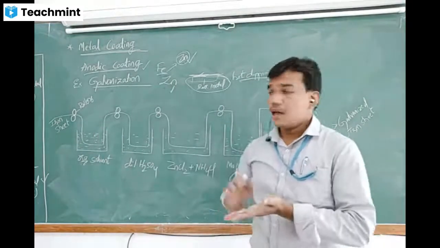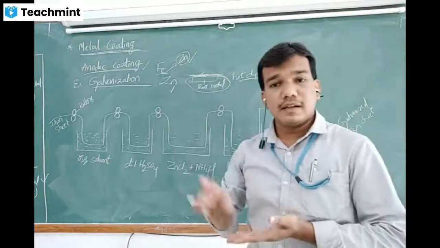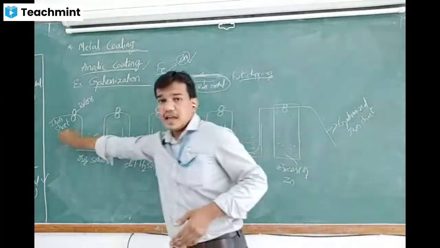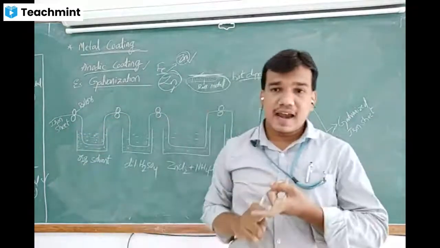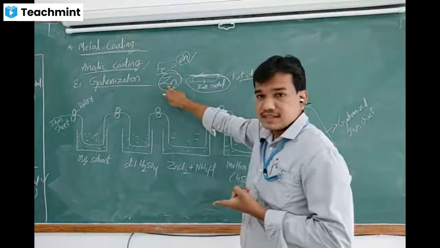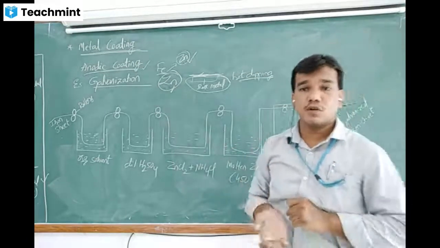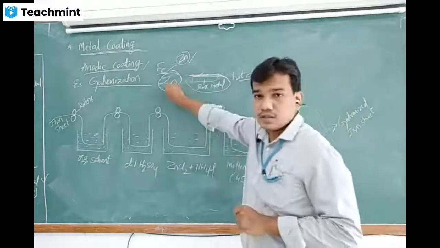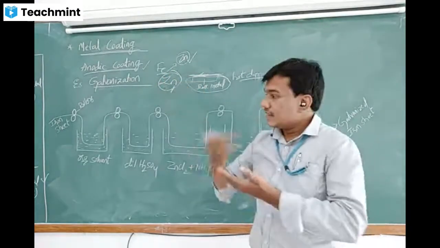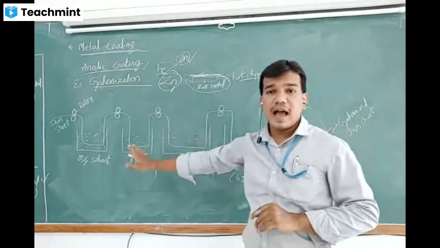I want to coat the iron sheet with a different metal so that zinc metal will undergo corrosion and protect the iron, because iron acts as cathode and zinc acts as anode. Between anode and cathode, the anode undergoes corrosion. After complete corrosion of the zinc, the iron sheet is then attacked. Until then we can protect the iron sheet.